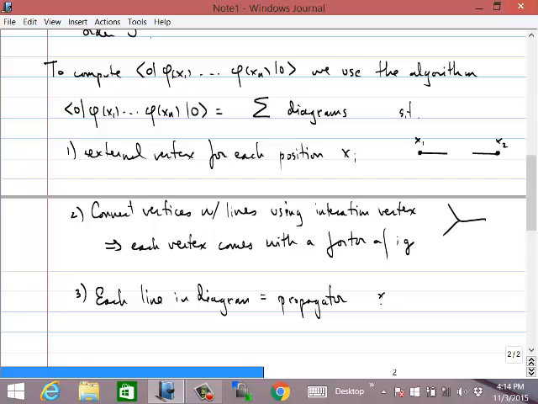So, for example, a line between points x and y gives you a propagator D of x minus y. And finally, you need to integrate over the location of all of the internal vertices.